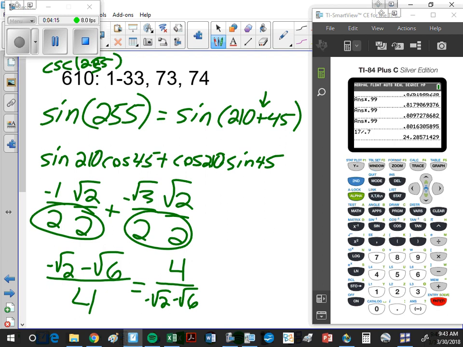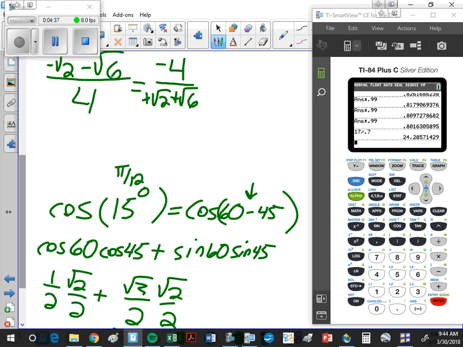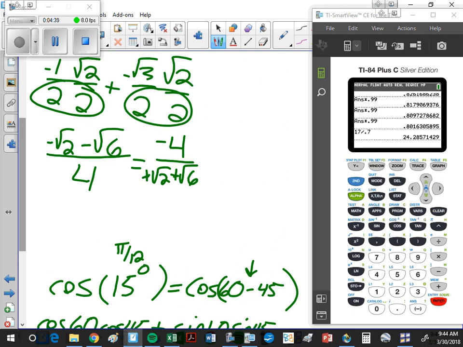How can I fix the negative problem? Change every sign. So I'll make this negative, and then I'll make those negative, or positive. Negate what's there, sorry. Now what? I have to multiply the bottom by its conjugate. So I'm going to multiply it by root 2 minus root 6.